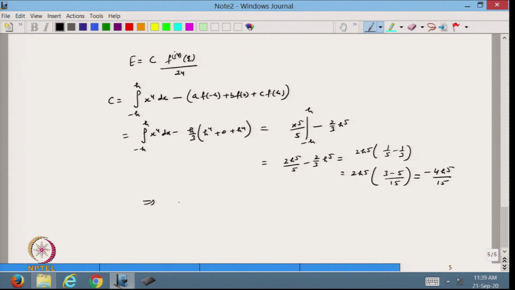So, from here my error will be, c is this one, minus 4 by 15 h raised to power 5 times the fourth derivative by 24. From here the 4 will cancel out with 6, so I can write that this is equal to h raised to power 5 into 90.